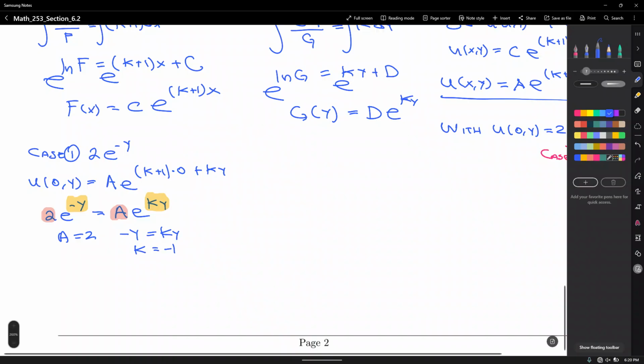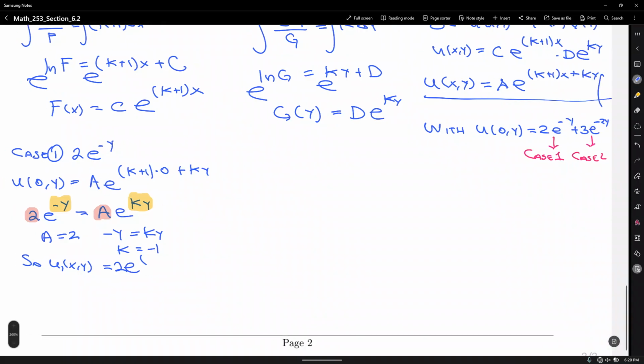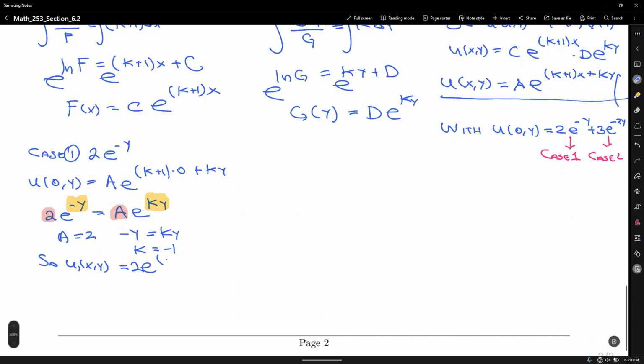So u of x, y, let me call this u1, subscript 1 because that's for case 1. That equals 2 e to the k plus 1, which is negative 1 plus 1, x plus ky, that's k, which is negative 1 times y.